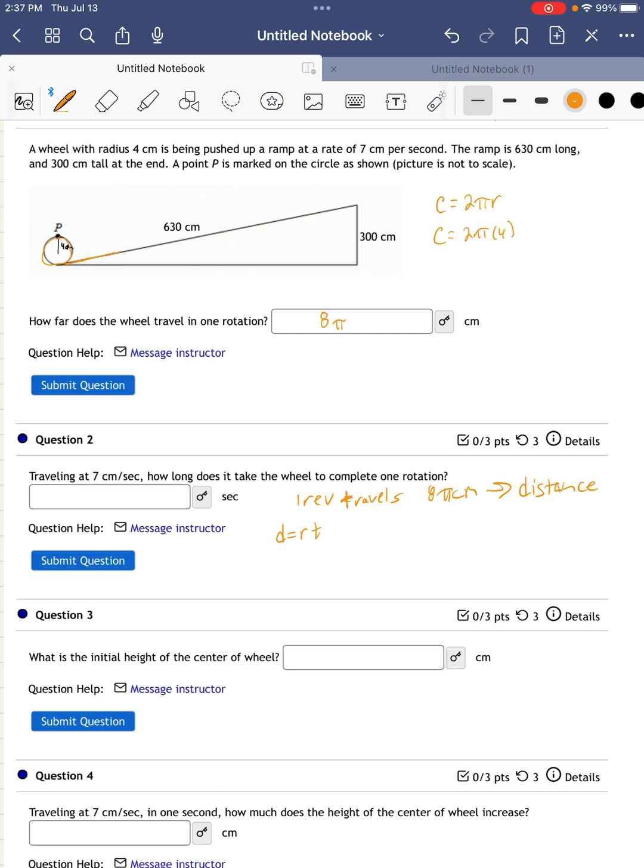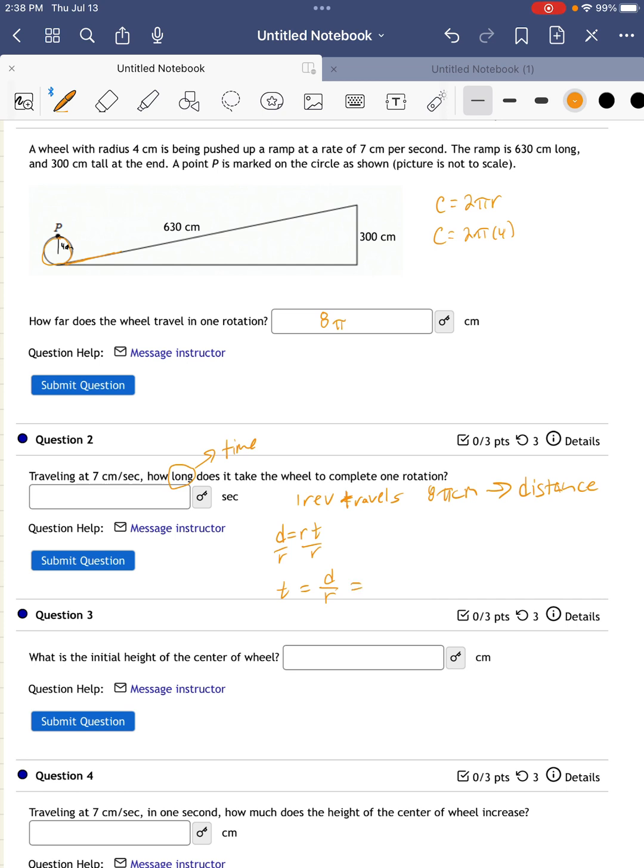It's asking for how long, that's the time. So I need to solve this distance formula for t. I divide by r on both sides. So if I want to find the time, I have to take the distance traveled and divide by the rate, how fast they are going.